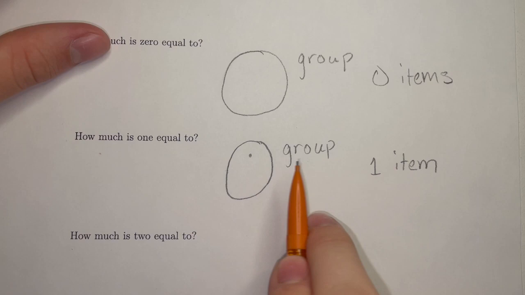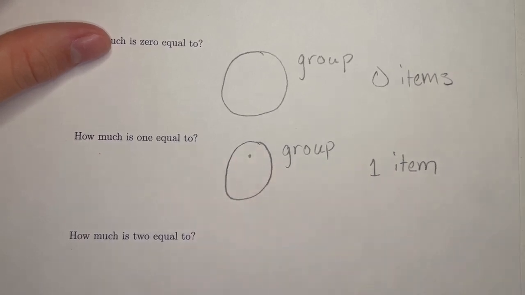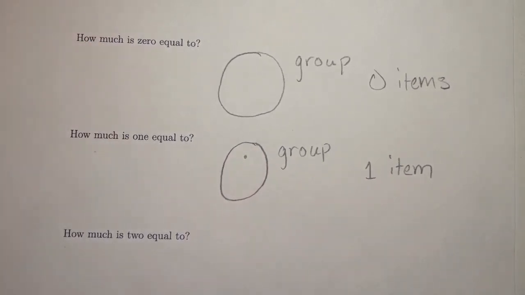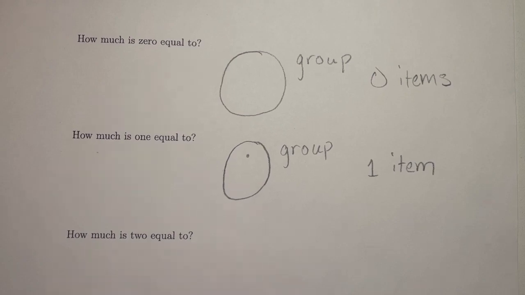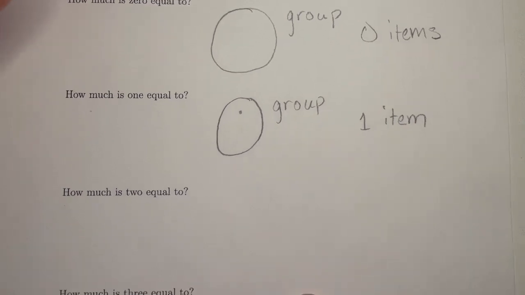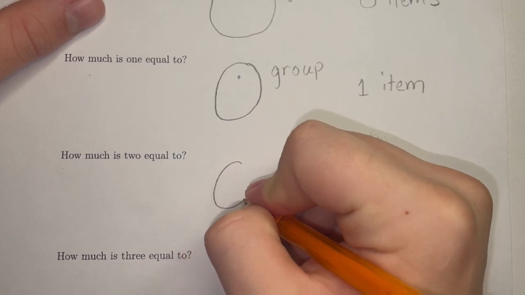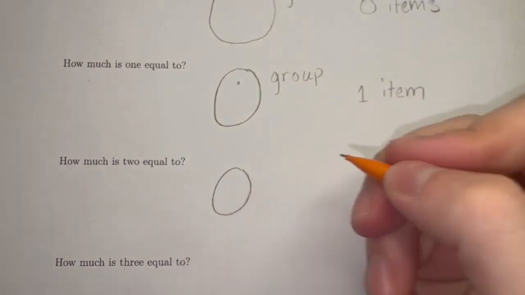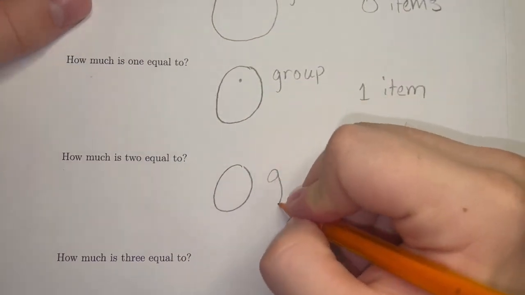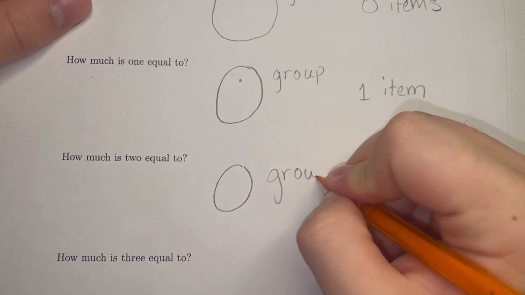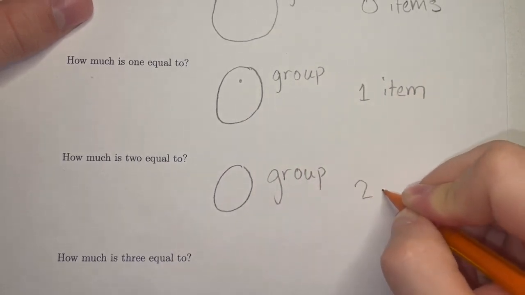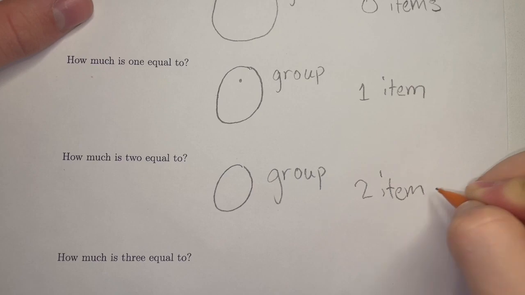And so we have 1 item in this group. And that group, like I said earlier, can be anything. It can be shoes, it can be TVs, it can be phones, doors, etc. And so now let's think about what 2 means. And so 2 is a pair.